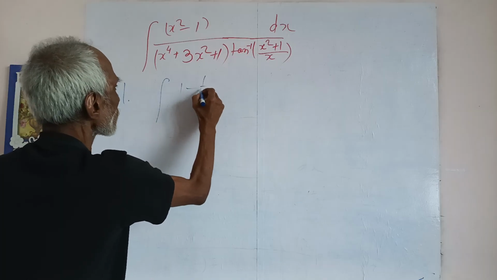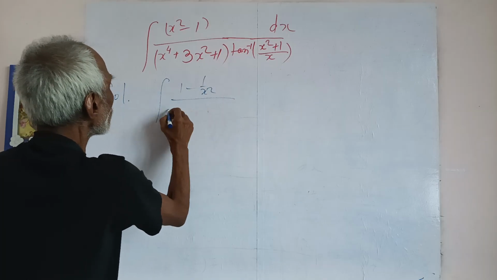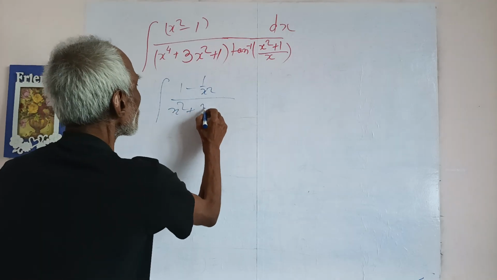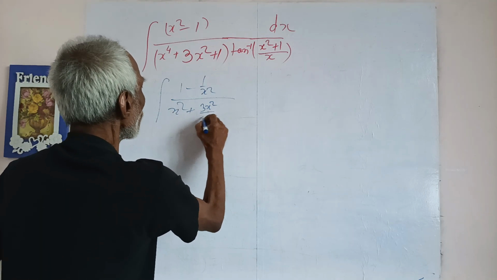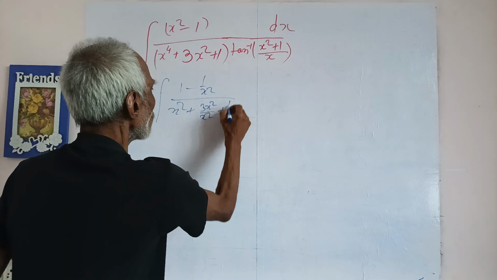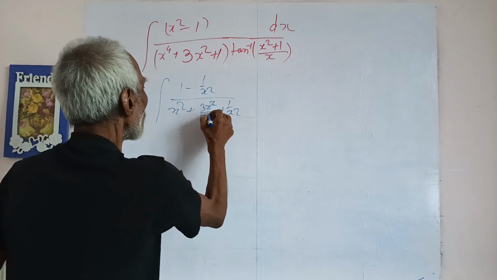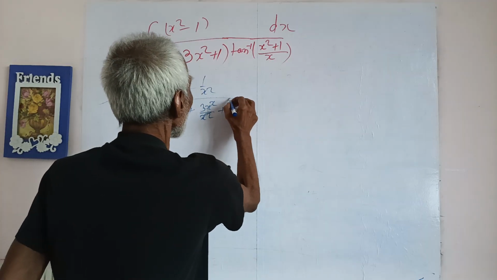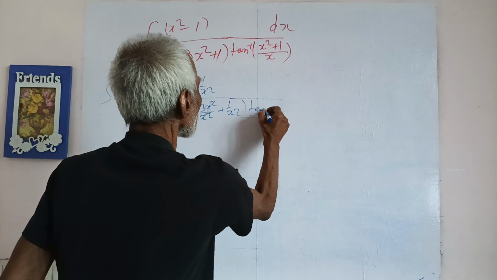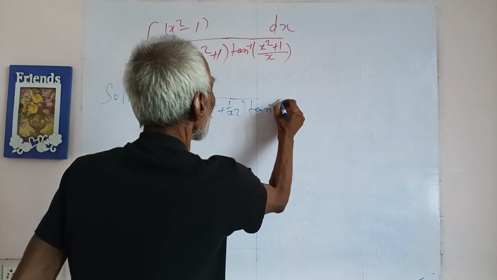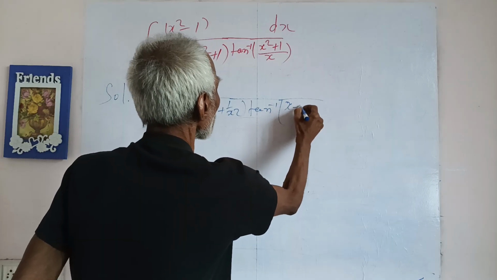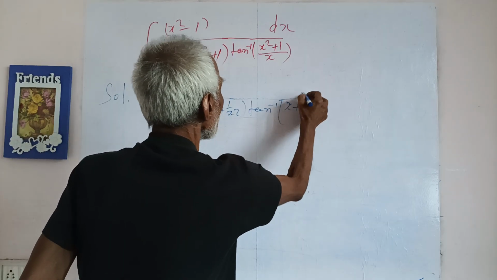1 minus 1 by x square, by x square plus 3 x square by x square plus 1 by x square. Tan inverse x plus 1 by x dx.